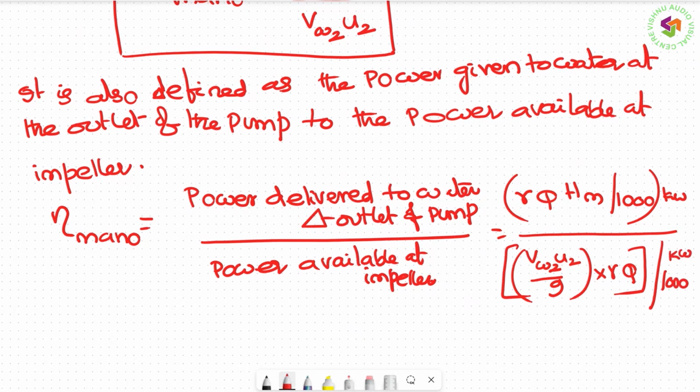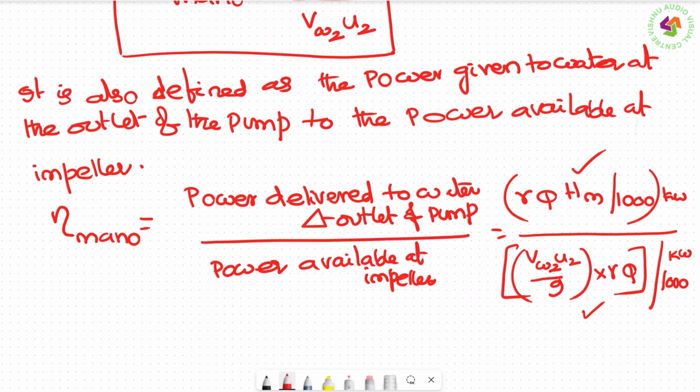So this is one more definition. This is the power available at the outlet, and this is the power available at the inlet. And if you put this also, you are going to get the same answer.